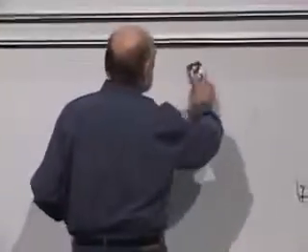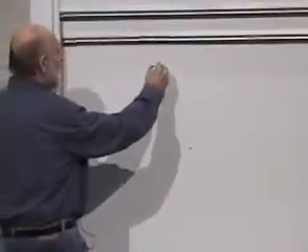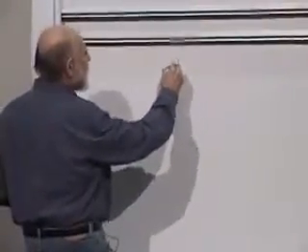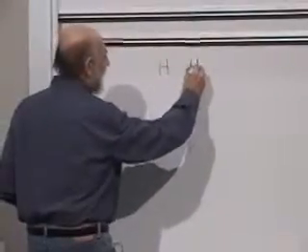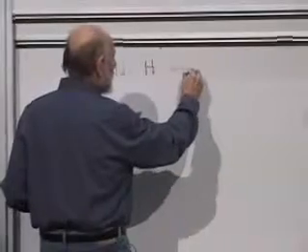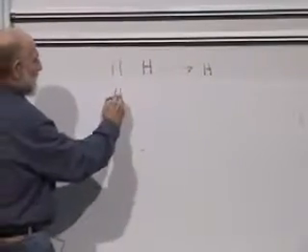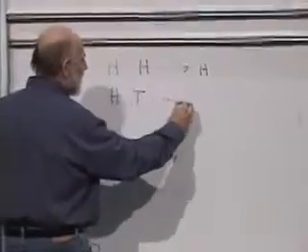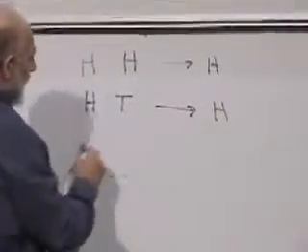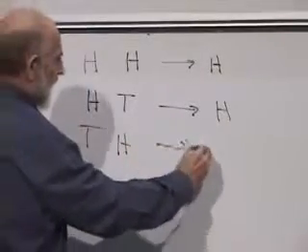Supposing, okay, so let's make the law something like this. If the last two states were heads, heads, then it stays heads. If the last two states were heads, tails, then it goes to heads. If the last two were heads, tails, heads, then it goes to tails.